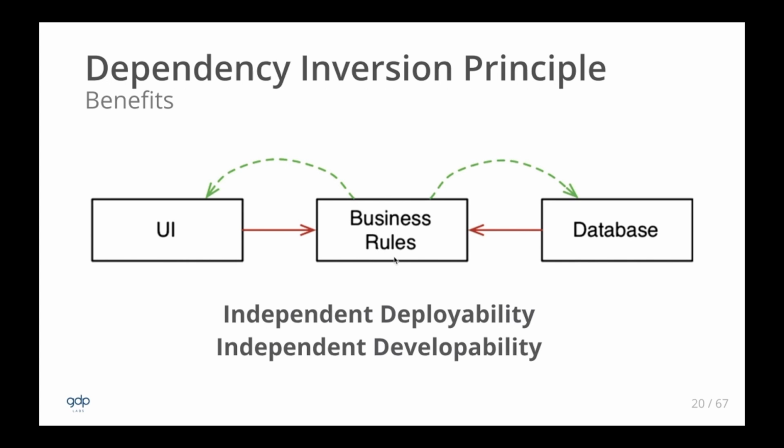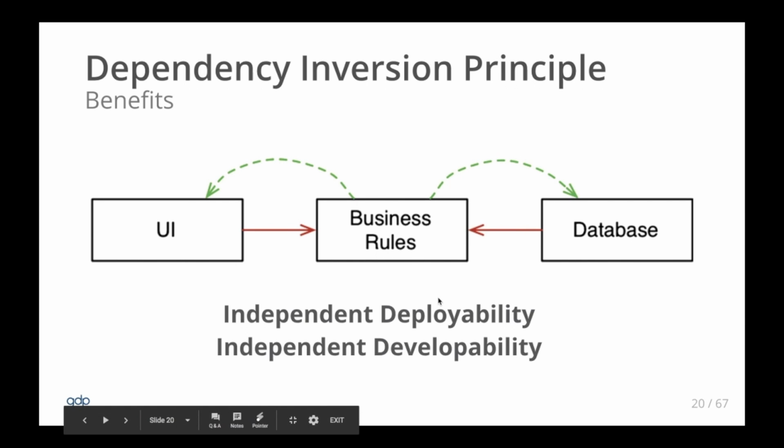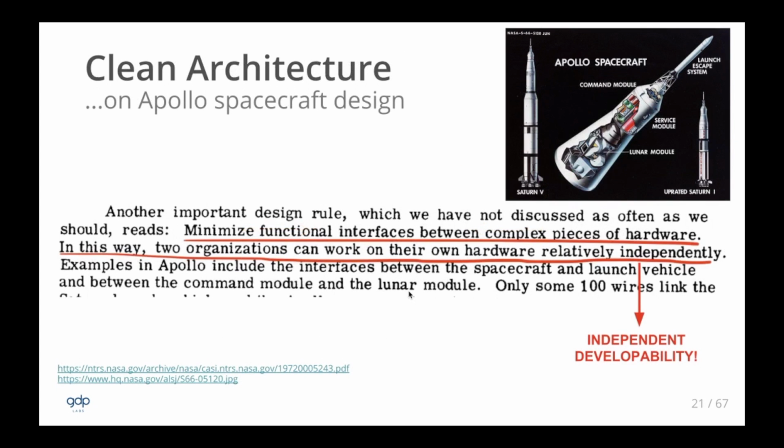And if you can develop it independently, then you can also deploy it independently. And guess what? The concept of independent developability has also been there since the 1960s in the Apollo spacecraft design. It says, minimize functional interfaces between complex pieces of hardware.